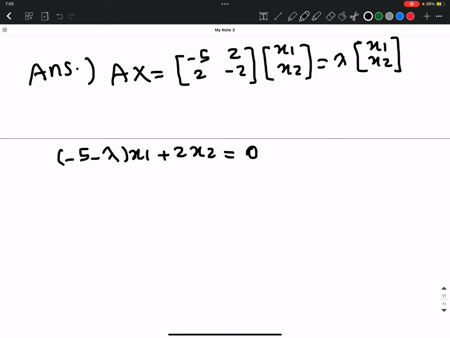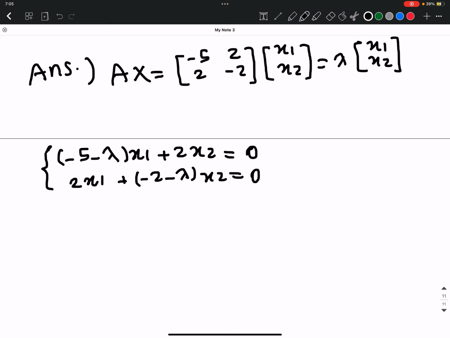The second equation is 2 x1 + (-2 - lambda) x2 equals 0. I just bring those lambda terms to the left.